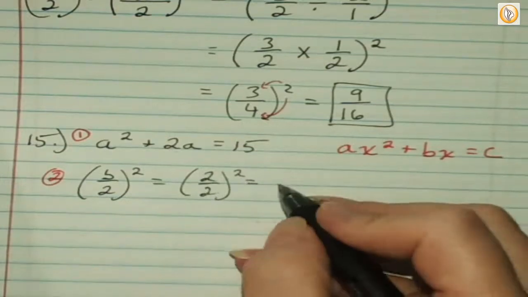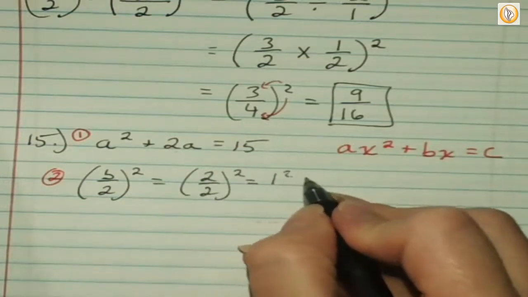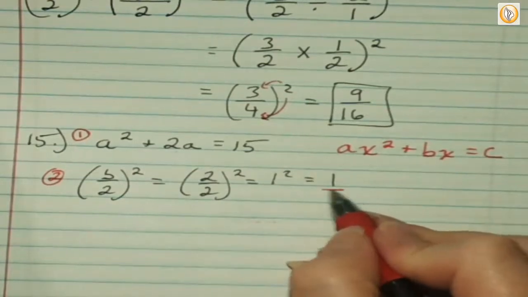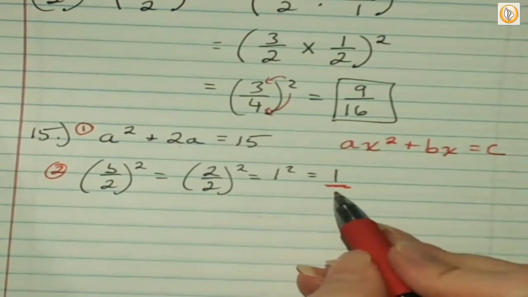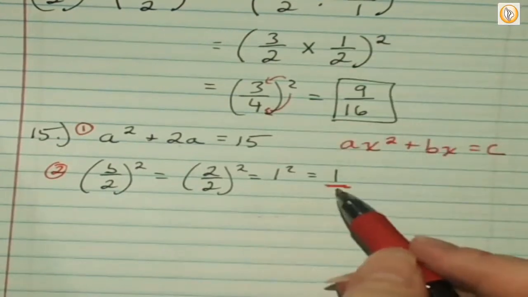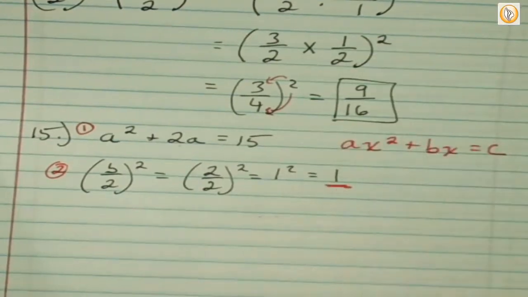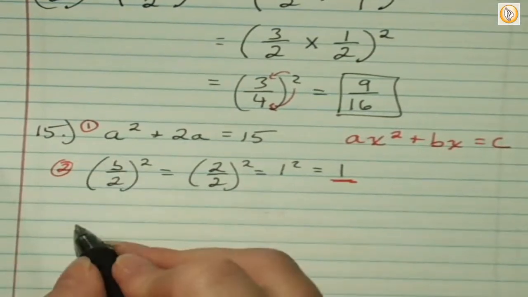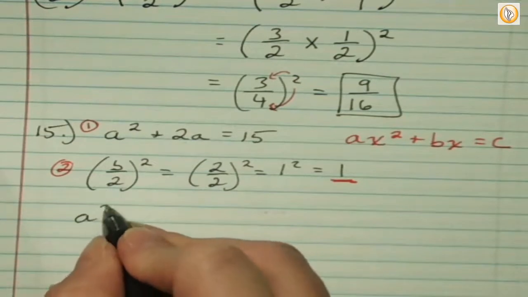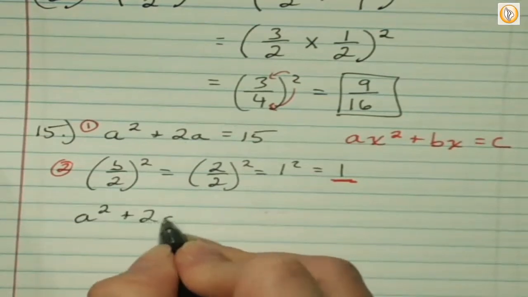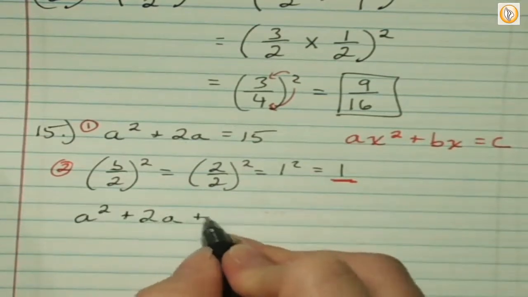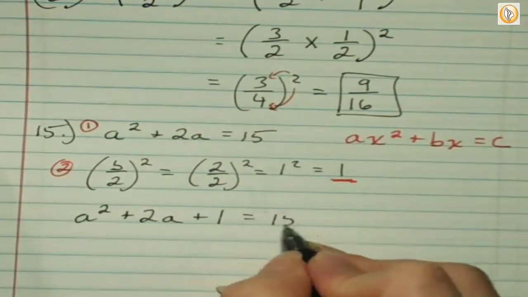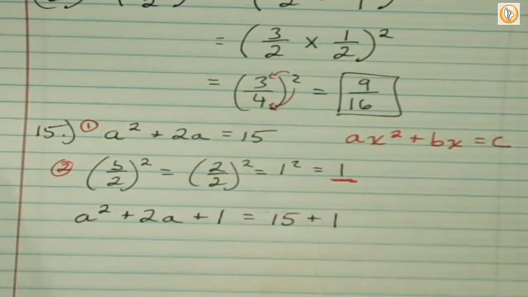Which would give me 1. Okay, this, like what we've been doing, will be added to both sides. This is all part of step 2. So I have a squared plus 2a plus 1 equals 15 plus 1.